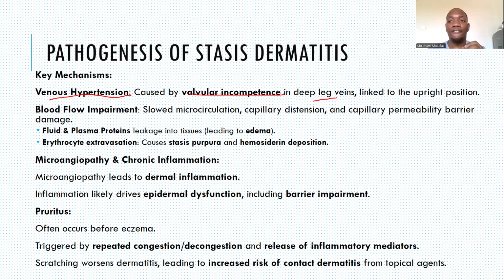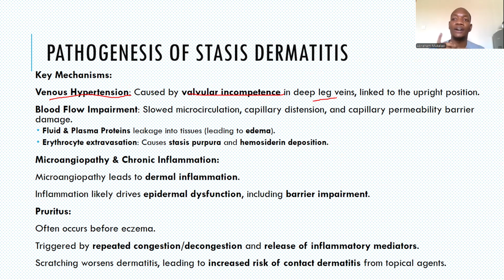From the superficial veins, blood is supposed to be transported back to the deep veins via perforating veins. Oftentimes the perforating veins can have incompetent valves that cannot prevent backward flow of blood. So at the end of it all, you get stasis or venous involvement of the superficial venous systems.